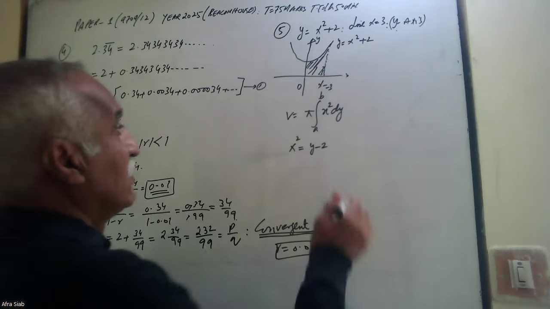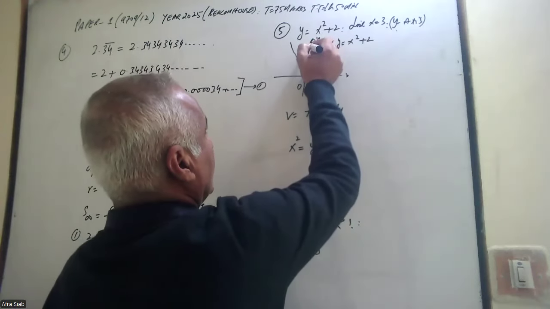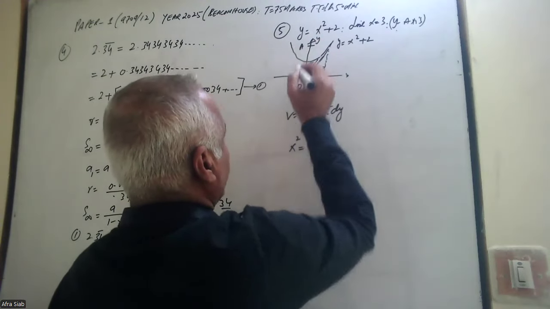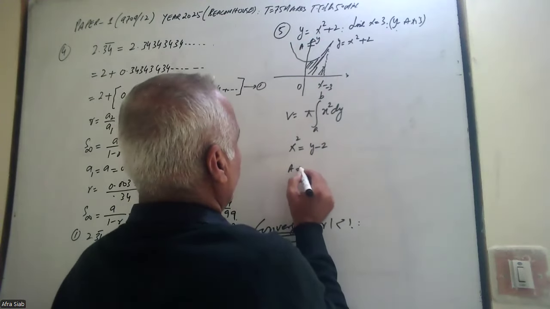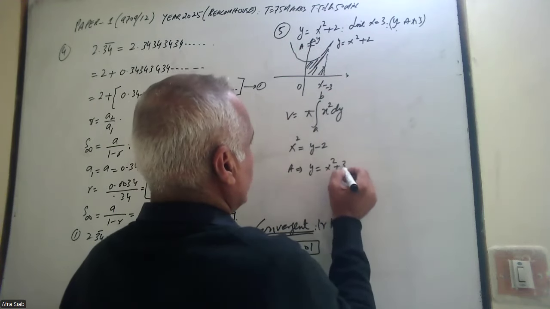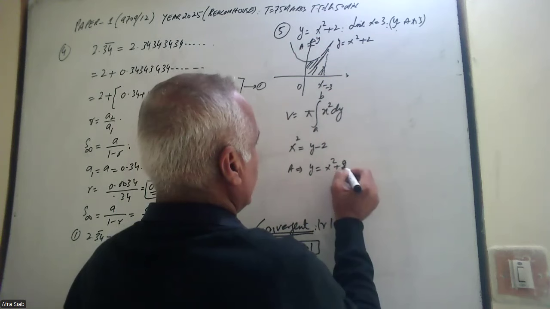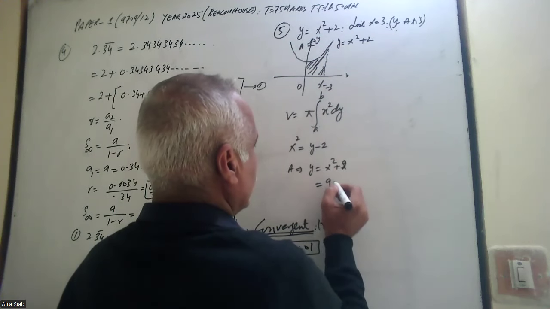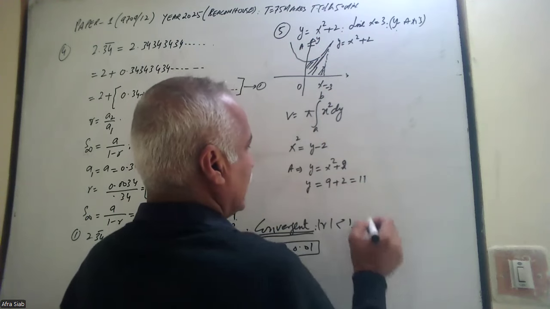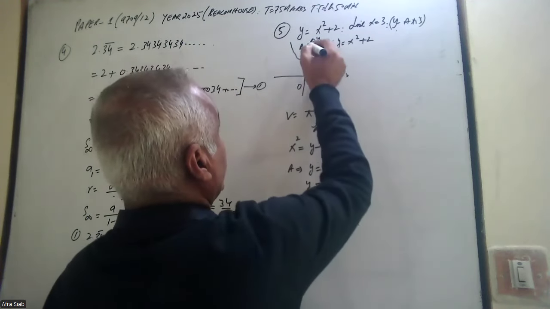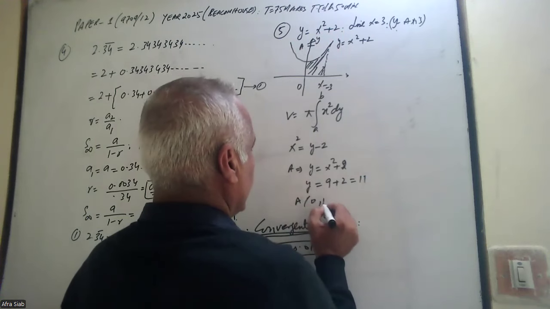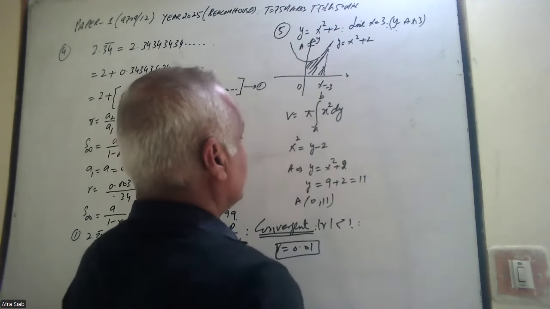And if x is 3, then at this point, let's say it is a point A. The A point will be obtained by putting x is equal to 3, so y is equal to 11. So this point A will become (3, 11).